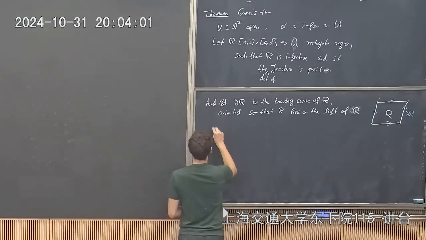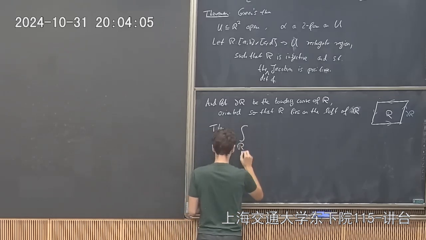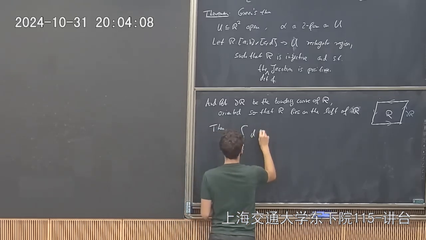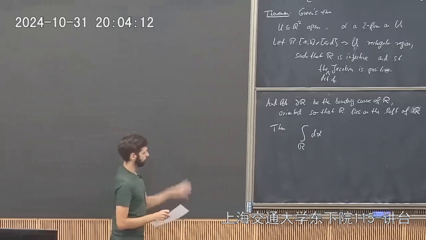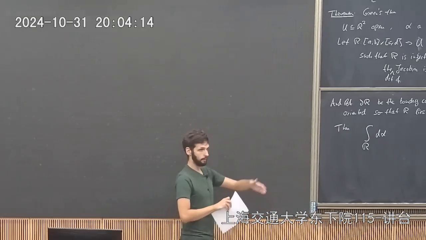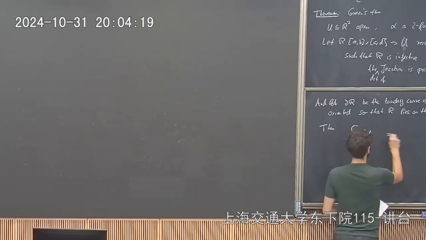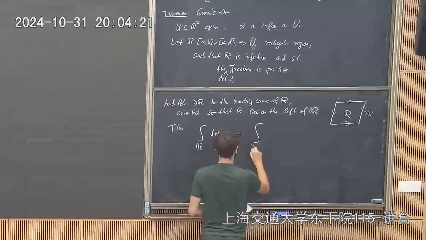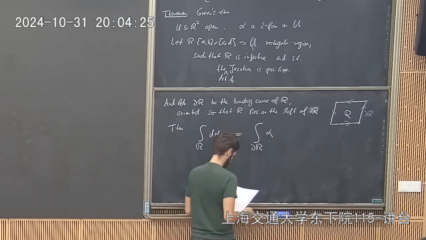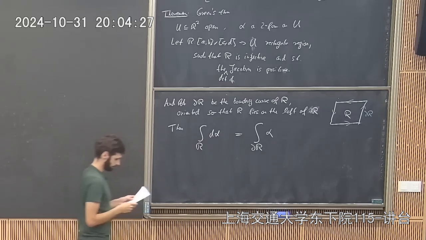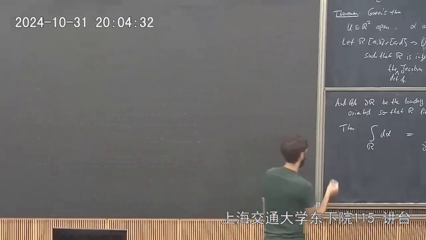So that's the content, and then we have the following result, which is the integral over R of d alpha. So we have alpha as a one form, we take d of that, we get a two form, and then we can integrate that two form. And the nice thing about this is that it's related to this line integral of alpha.